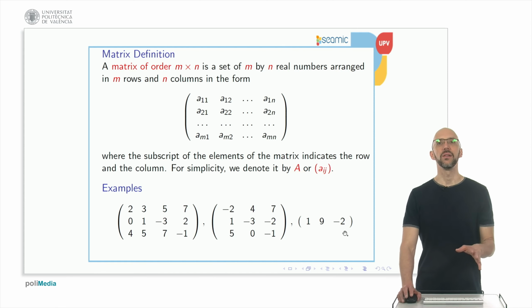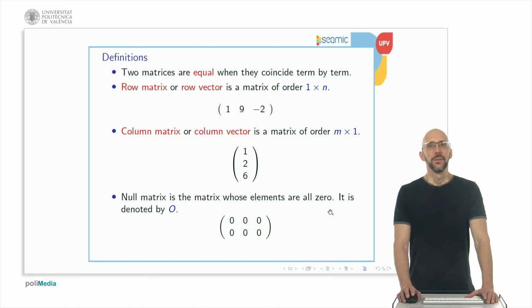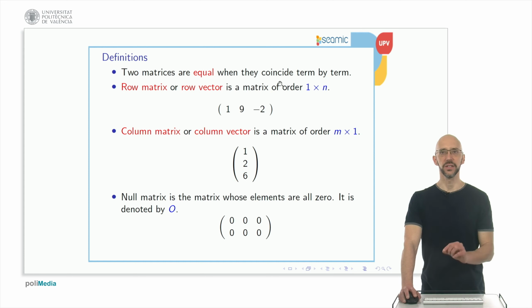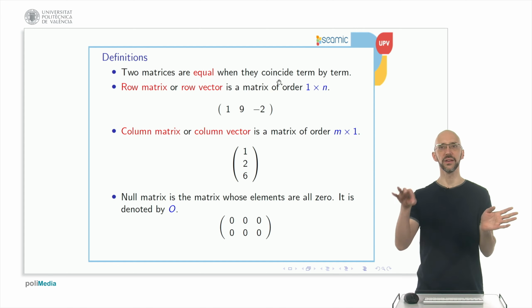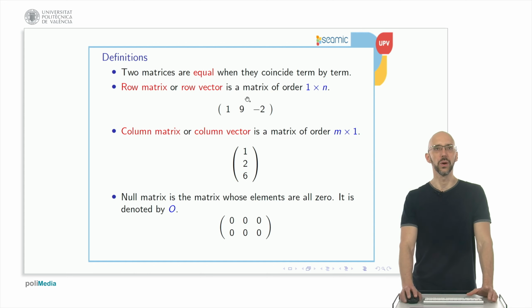Each of them will have a type and a specific name, which we will see in one second. Two matrices are equal when they are the same term by term. The first number in the first position is equal to the first number in the first position of the second matrix. We need to compare term by term, and if everything is the same, then the matrices are equal.